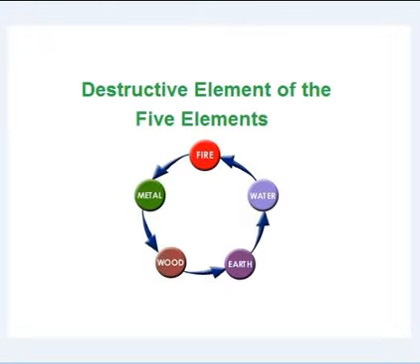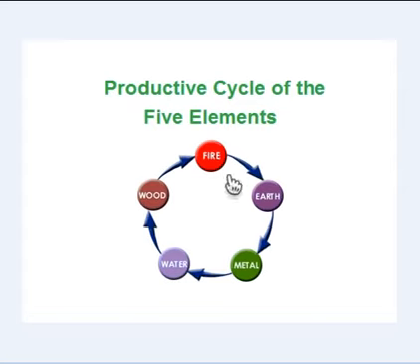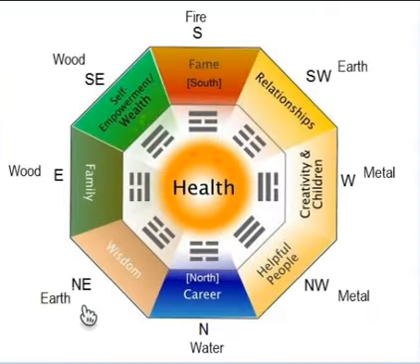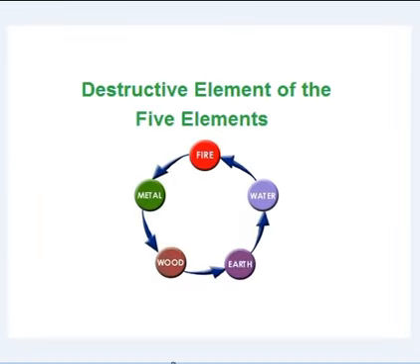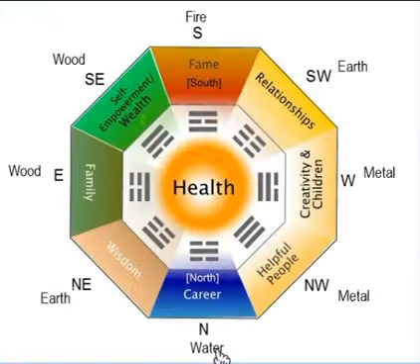And to find out what produces more earth, fire produces earth. So having lots of fire, meaning bright lights, candlelight, or anything that represents fire in the northeast will be lucky as well. And take note of the destructive cycle of what destroys earth. Wood destroys earth. So be careful not to have any wood in this direction.